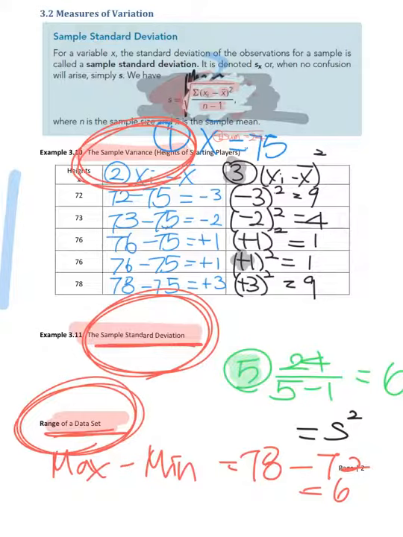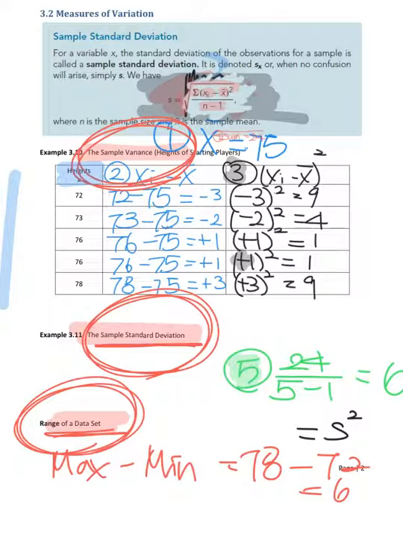Think about this one. Actually, we had heights: 72, 73, 76, 78. What is the unit for the height in this example? Inches, yeah, must be inches.